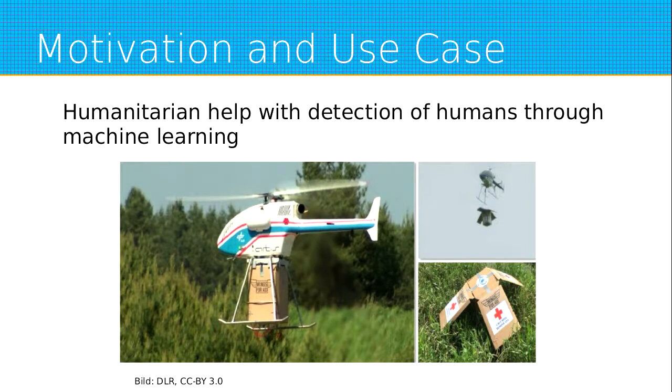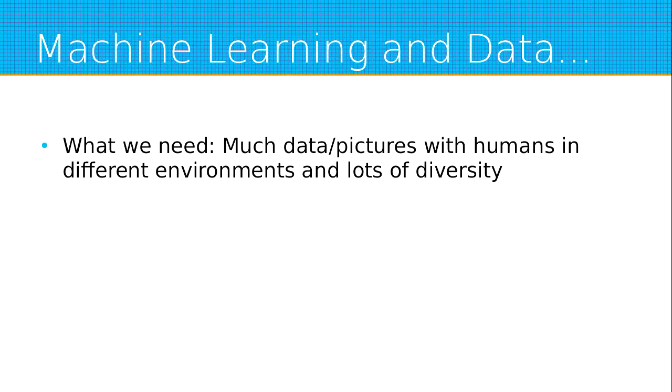To use this, we obviously use machine learning, and machine learning needs a lot of data to be trained. So we found out that we need a lot of data with a huge diversity. We have a diversity of the environments and of course of the humans, a diversity in daytime and at night, for example, and weather.